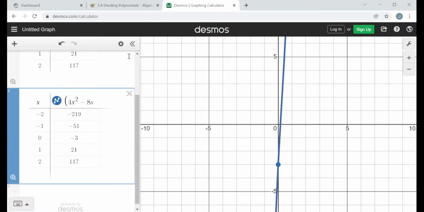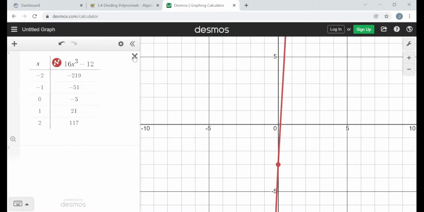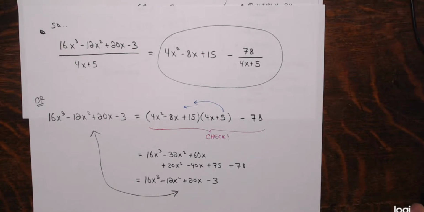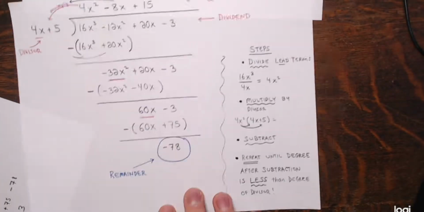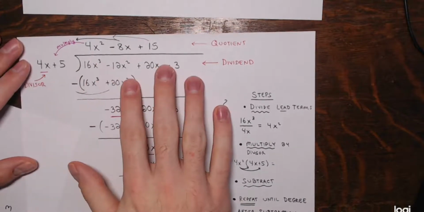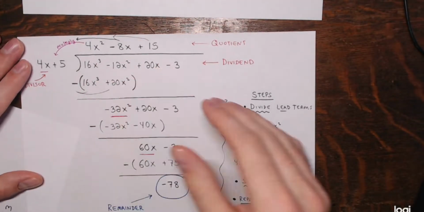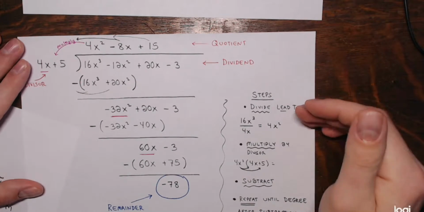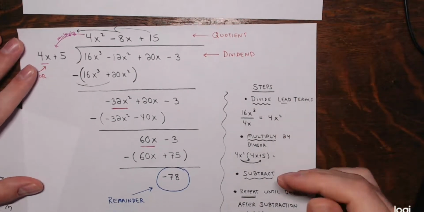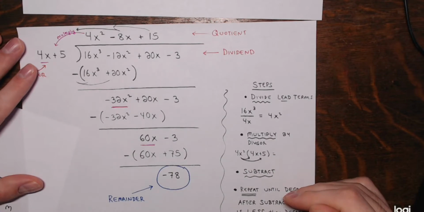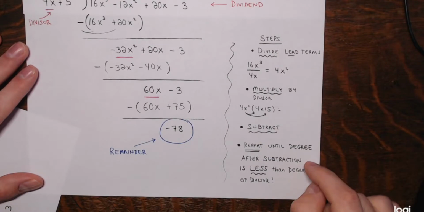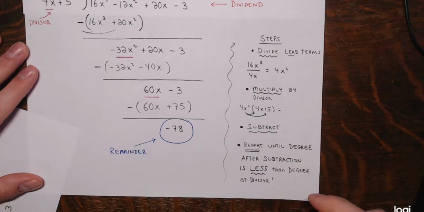But we don't need all this. Great. All right, so that was a lot. But the steps, I'm going to be doing the same steps every single time. You set up the division, divide lead terms, multiply by divisor, subtract. And then you keep repeating these 3 steps over and over again until the degree after subtraction is less than the degree of the divisor.